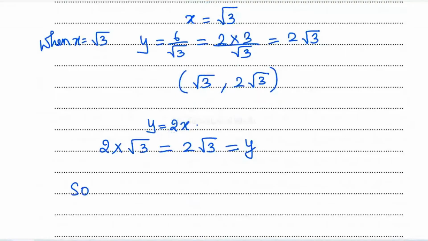So square root of 3 comma 2 square root of 3 satisfies the equation y is equal to 2x. So this point lies on y is equal to 2x.